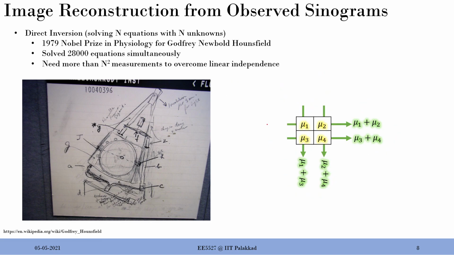But when the number of equations is more, solving by hand is not the way. You do something like eigenvalue decomposition or QR decomposition, some linear algebraic way of solving that equation. That's what Hounsfield also did. But that's not a very good approach, because you need so many observations, and inverting that is not an easy task. So there should be a different way to go about it.